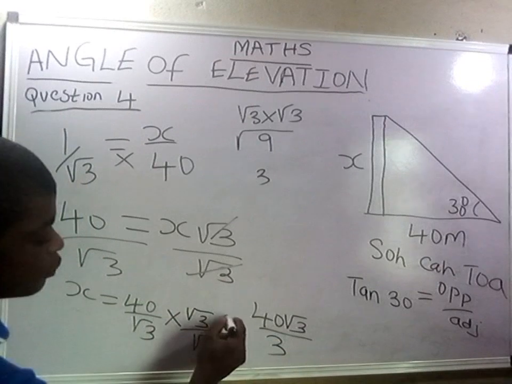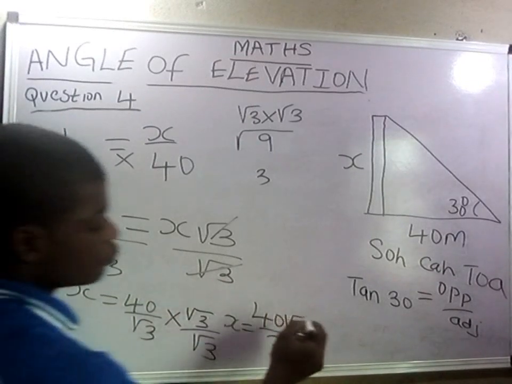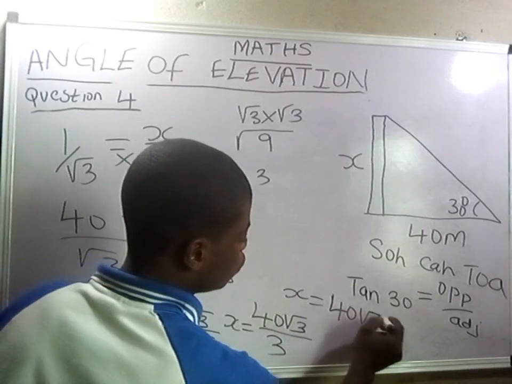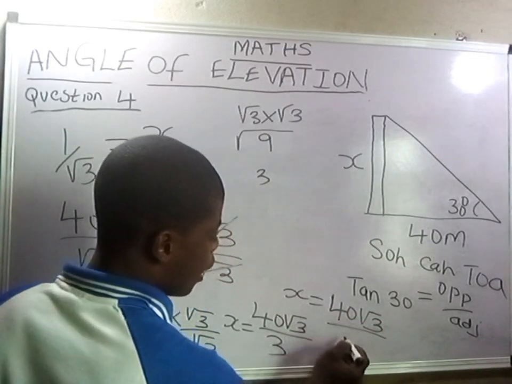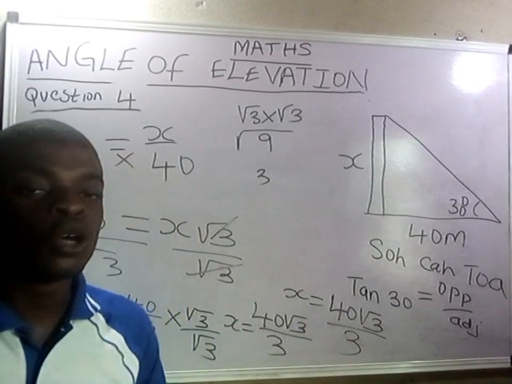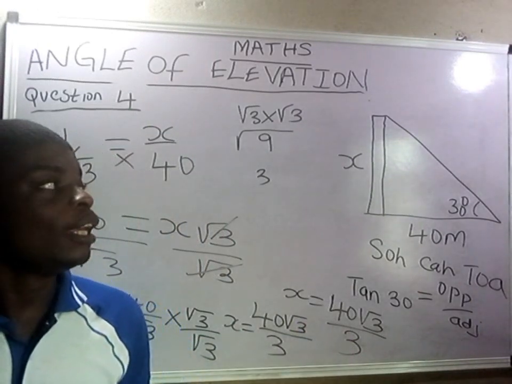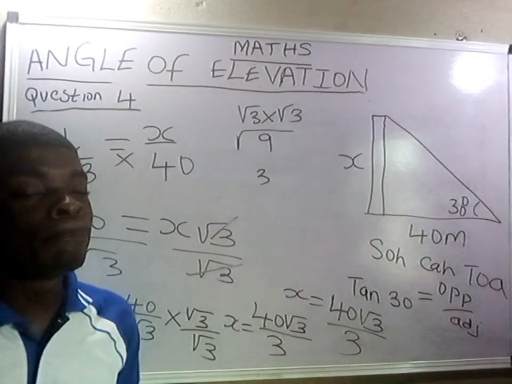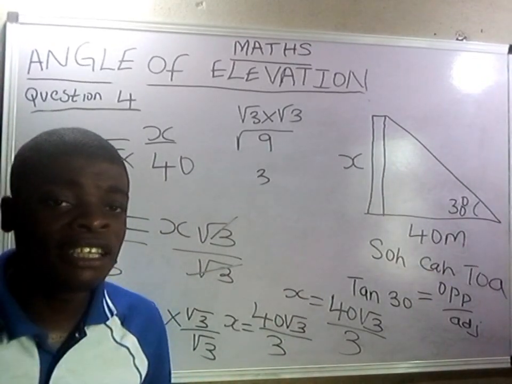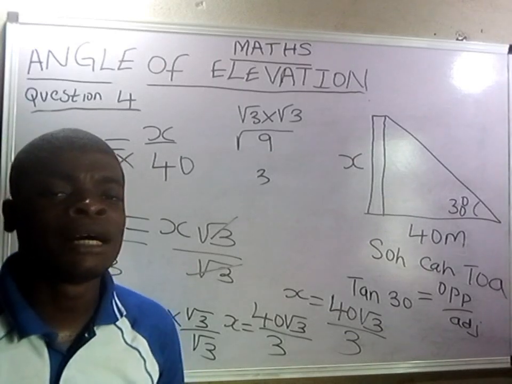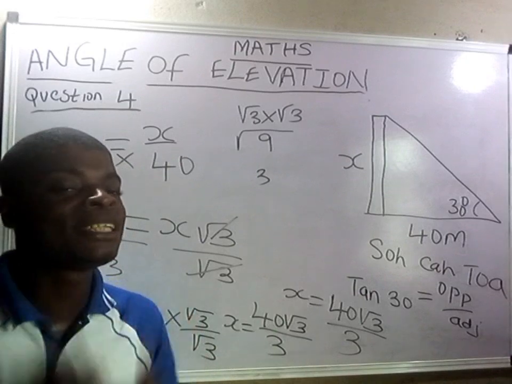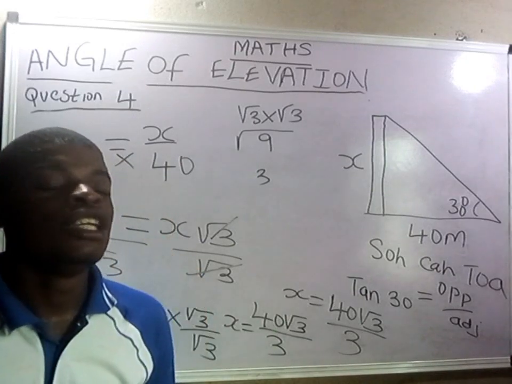So x will be equal to 40 root 3 over 3. This is the answer to question 4. So you can say I was able to interpret the question. Ensure that when you are solving any mathematics question, take your time to carefully interpret that question.